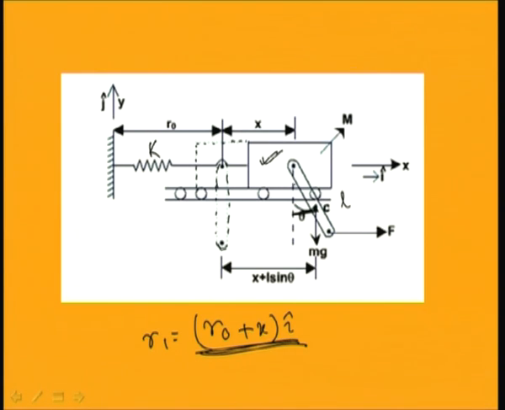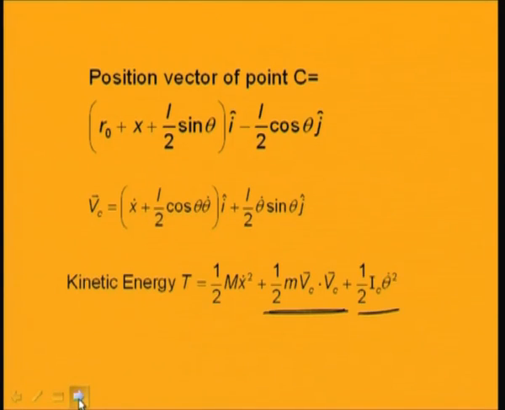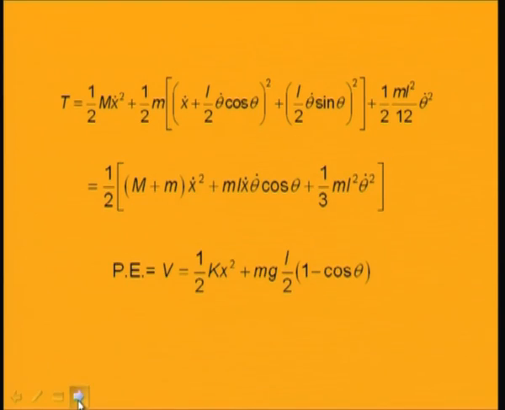And the change in position of this system: this is the original position, and now you draw this, and now it is the change in position. So, the change in position becomes L by 2 into 1 minus cos theta. So, the total potential energy of the system becomes half k x square plus m g L by 2 into 1 minus cos theta.